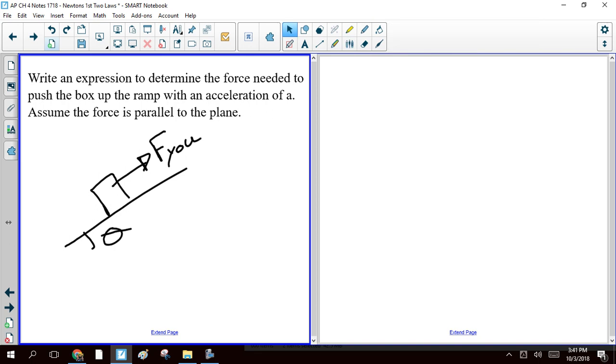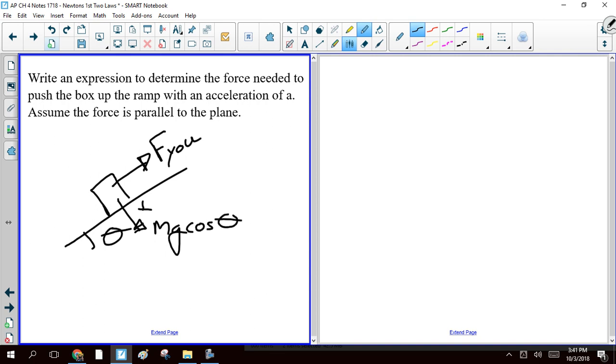So let's do this. Other forces we know we have to deal with are mg, that's the perpendicular one, right? So that's cosine of theta. Over here we've got mg sine of theta, negative style. This one should be negative. You've also got a normal force, which is positive mg cosine theta.